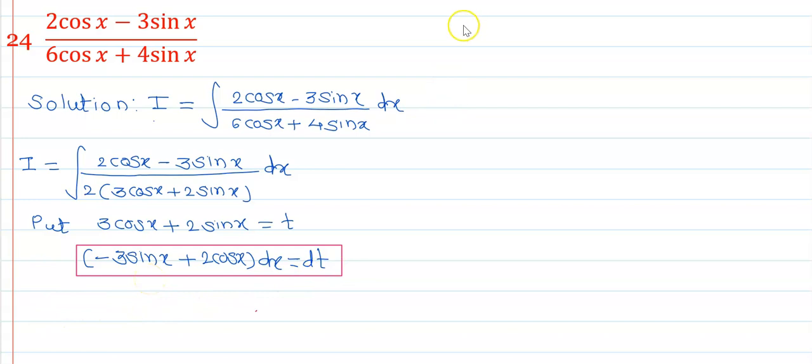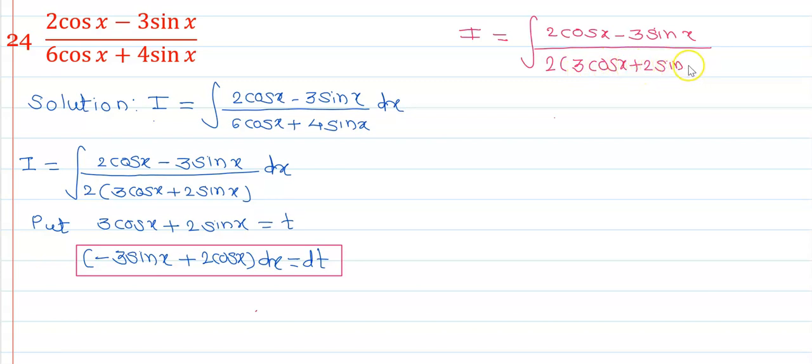Therefore, our integral I is equal to the integral of (2 cos x minus 3 sin x) upon 2 in bracket (3 cos x plus 2 sin x), bracket complete, into dx.